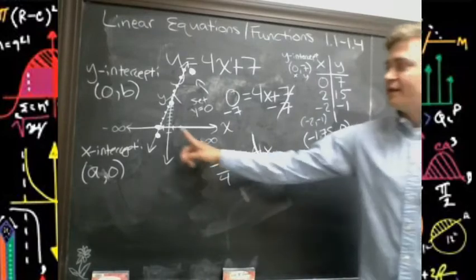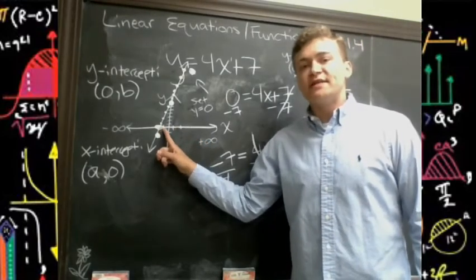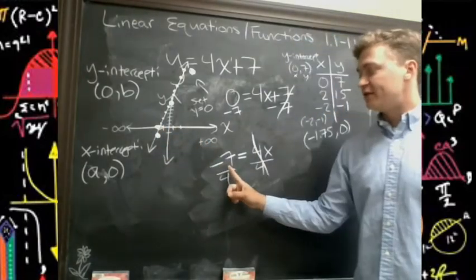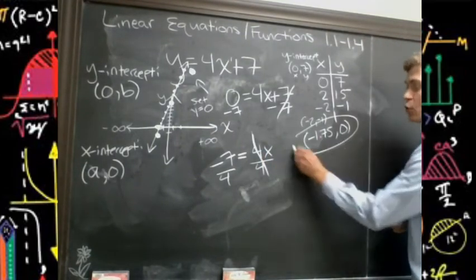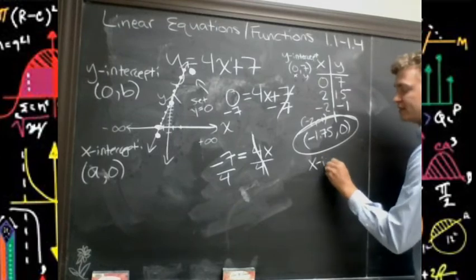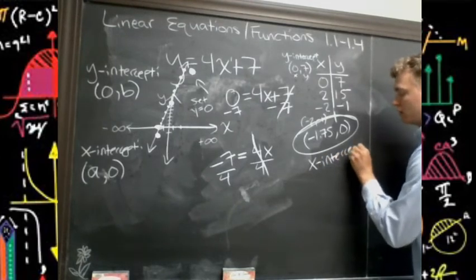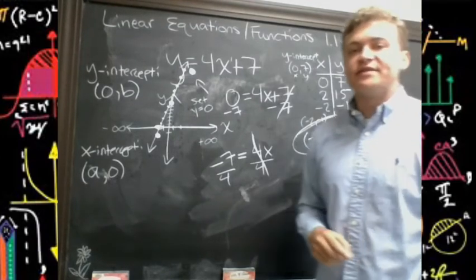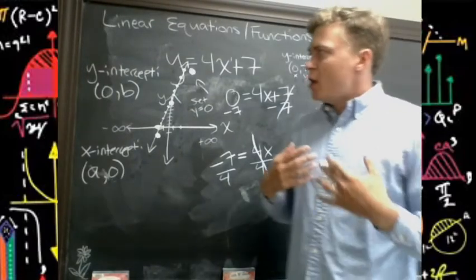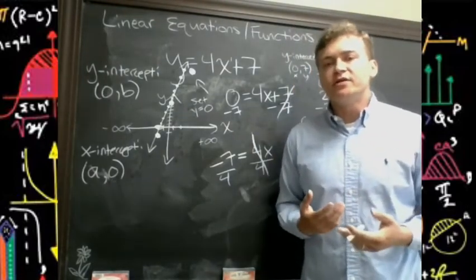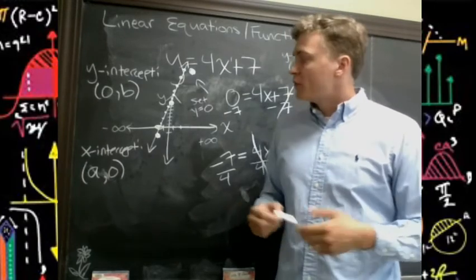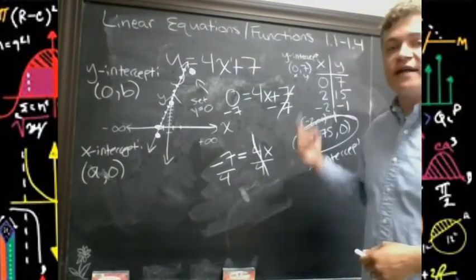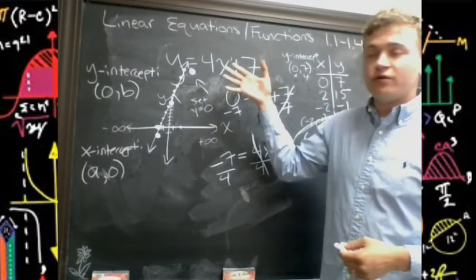So we found this negative value here. Where does it cross the x-axis? It crosses at negative 7 over 4, which is negative 1.75. This ordered pair here, this is our x-intercept. So what you're going to see here is that when you're given a linear equation, if it's already given to you and you're being told to graph it, all we really need to do is find some ordered pairs that are solutions to this equation.